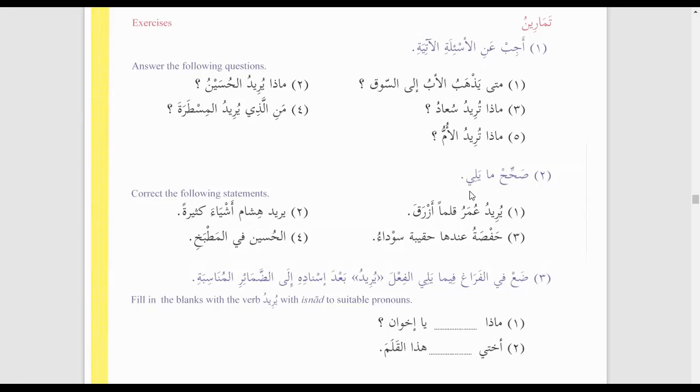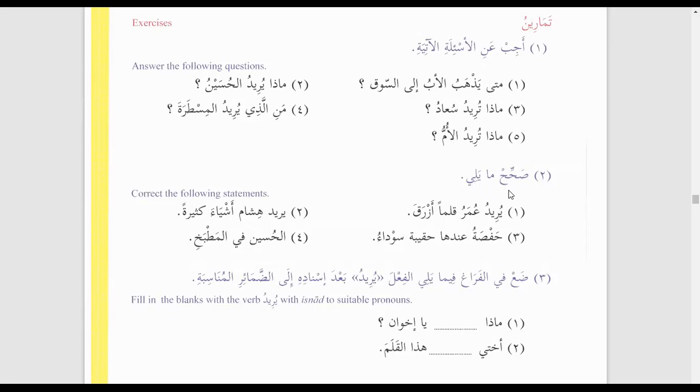From the extended forms of the verb, making fi'l al-amr and fi'l al-nahi is so simple. I'm just giving you a tip. It's not grammatically correct, but it is a tip. For example, sabbaha is the past verb.